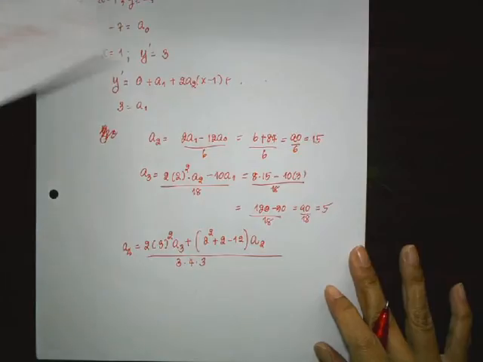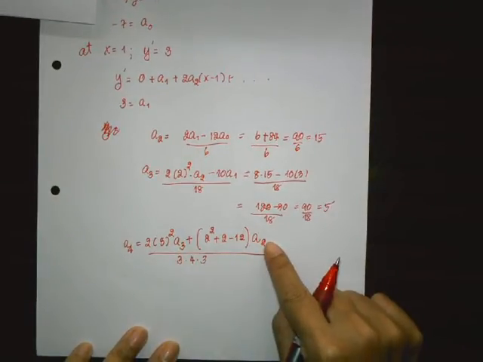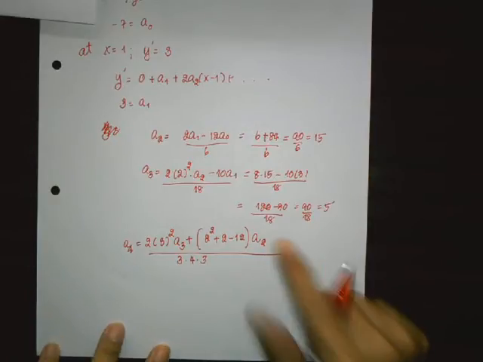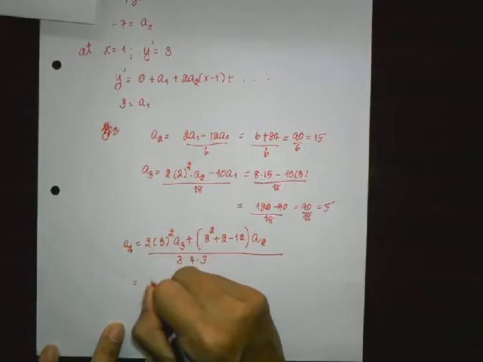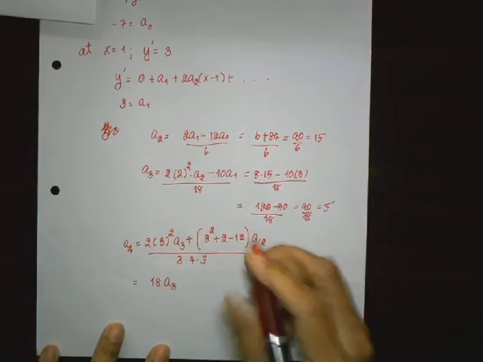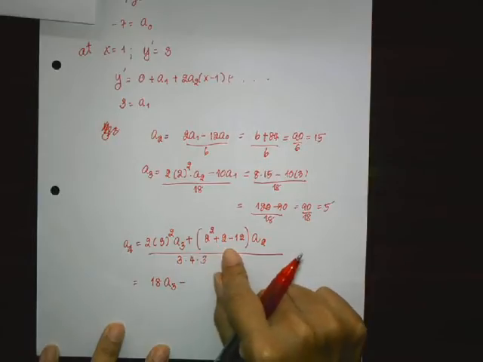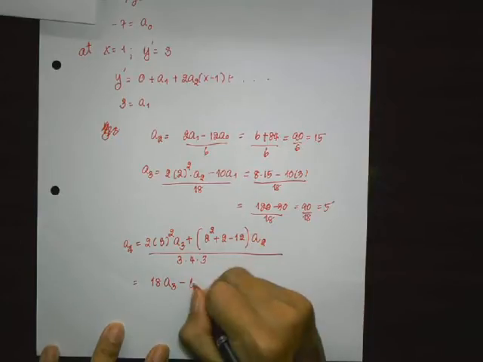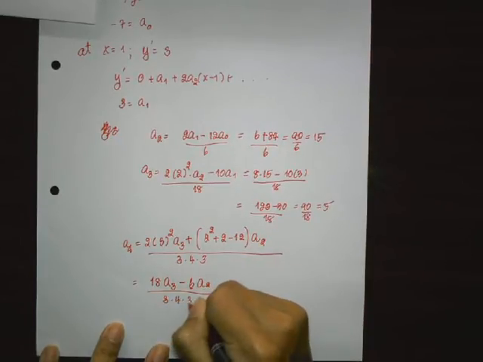Now our a3 is equal to 5 and our a2 is equal to 15, which is 18 a3 minus 6 a2 divided by 3 times 4 times 3.